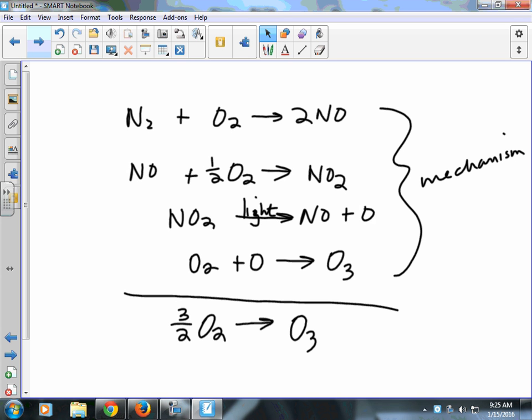Catalysts are present at the beginning of the reaction, and they are present at the end of the reaction. They do not react chemically. I don't want to confuse you. Let me show you and see if it makes sense.